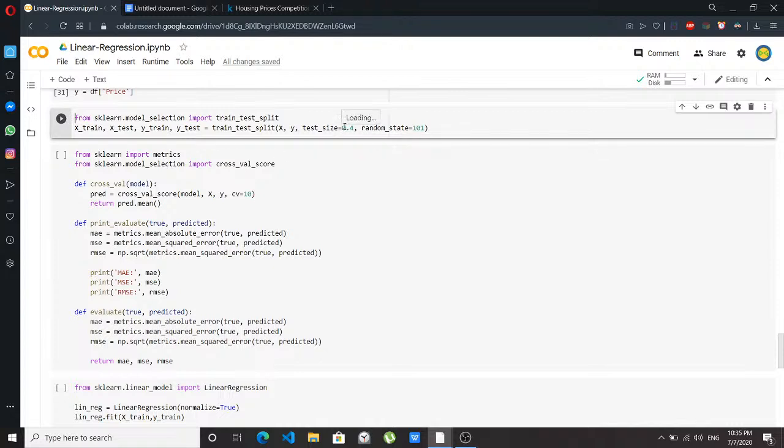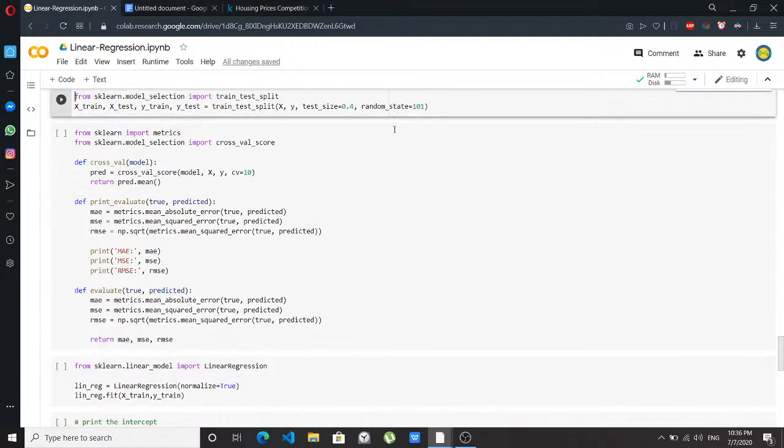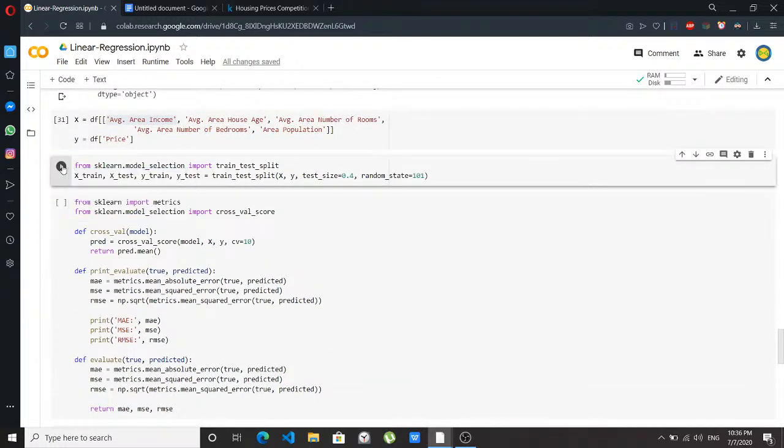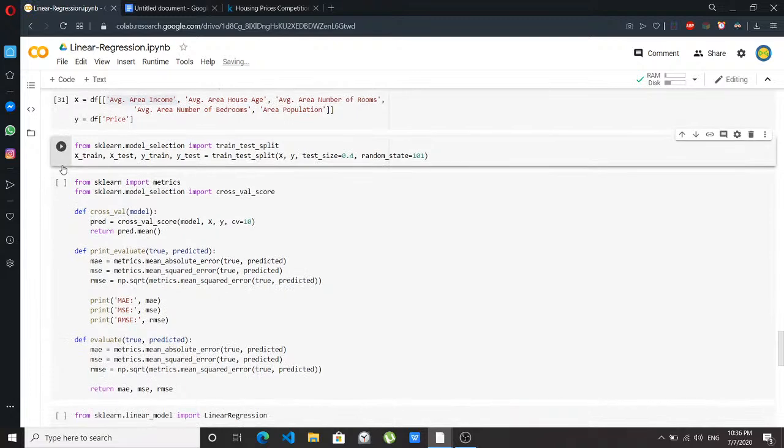And I'm splitting it with 0.6, that is 60% training data and 40% test data, and random state, because I want it to be random. I would say randomness helps the model train more perfectly. So let's divide the data.